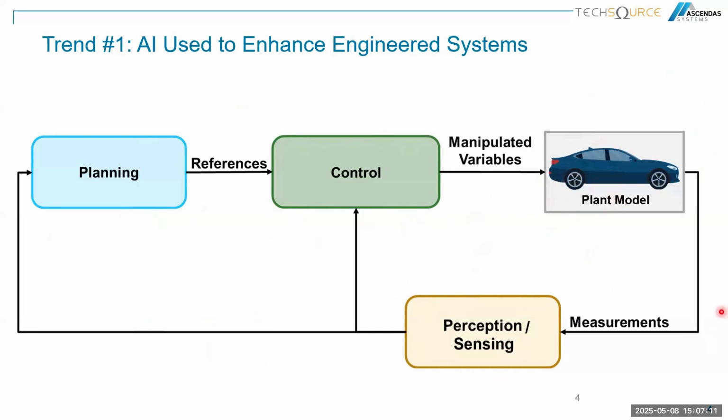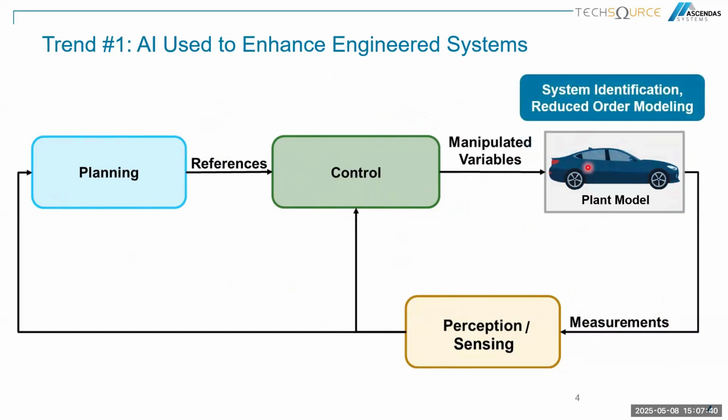This is quite similar to a control system, right? We have the controllers and we can test them with the plant. We have the feedback loop with perception and sensing through sensors, and the planning is the input of the controllers. This is the overall traditional workflow. So how can we apply AI in this workflow?